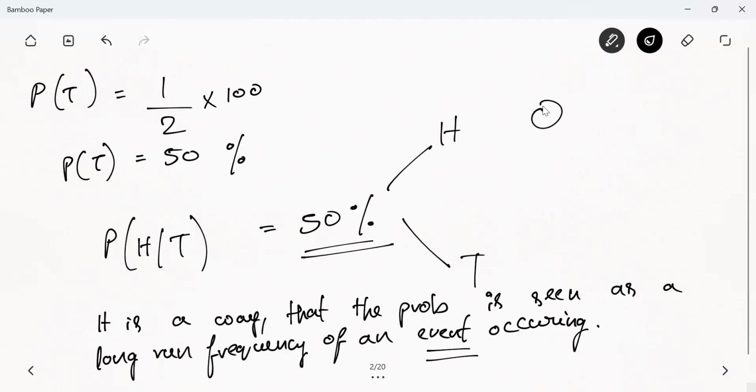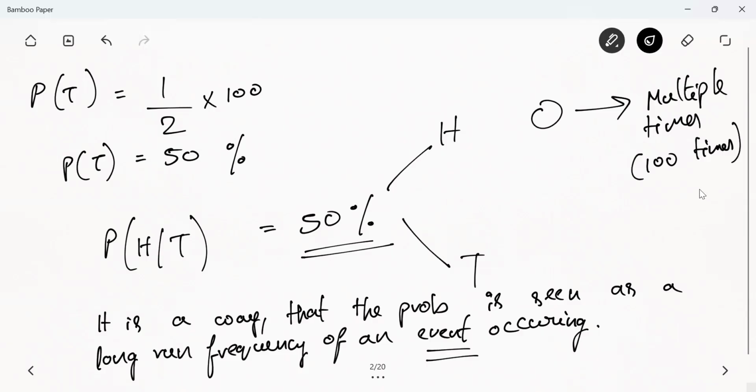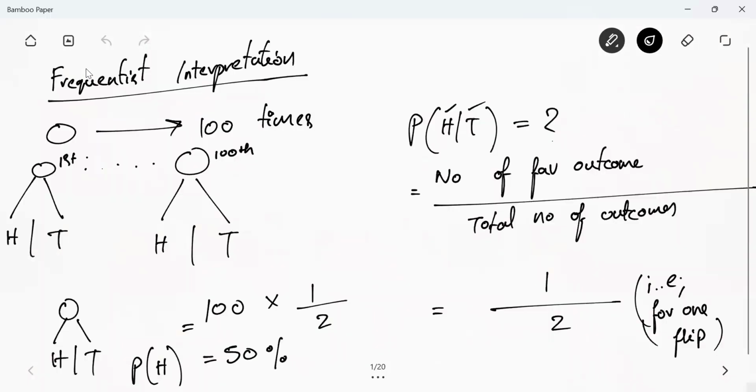Tossing a coin is an event, and only if you repeat it multiple times, here in this example 100 times, can you confidently say that the probability of either heads or tails is 50%. So this entire concept is nothing but frequentist interpretation. That's it.